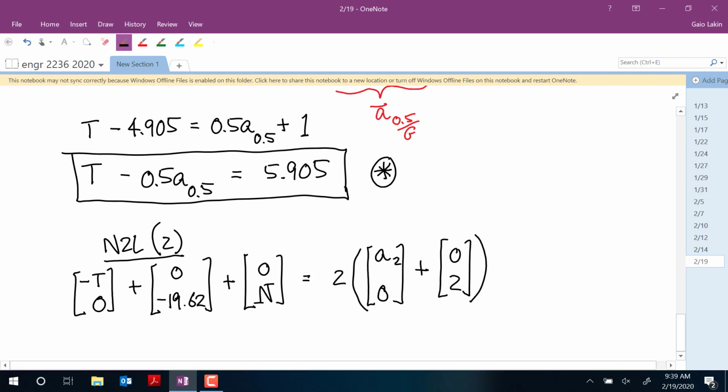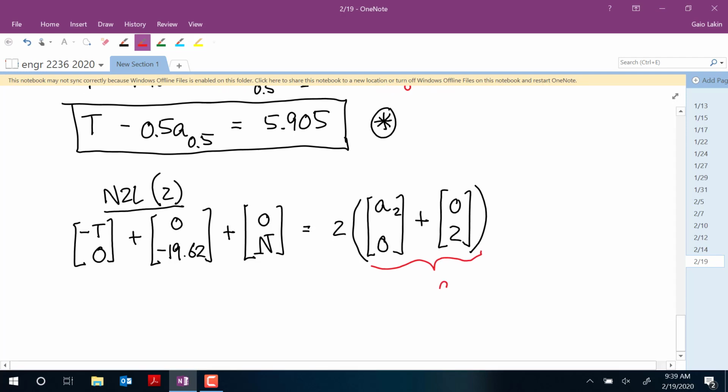So that's the relative motion equation expressing the acceleration of the 2 kilogram in the ground coordinate system. Again, we can calculate that the normal force is equal to 21.62.